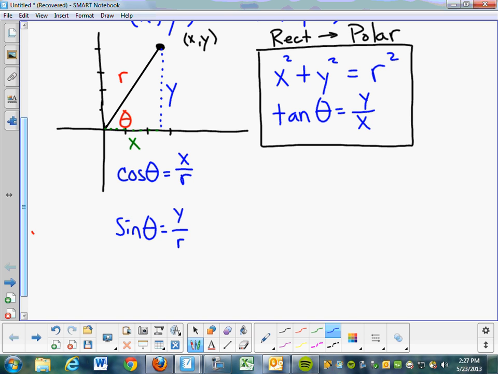So if I want to figure out what x and y are, I can use this and solve for x by multiplying both sides by r. And I get, whoop, I'm sorry, did that backwards. x equals r cosine of theta, and y equals r sine of theta.